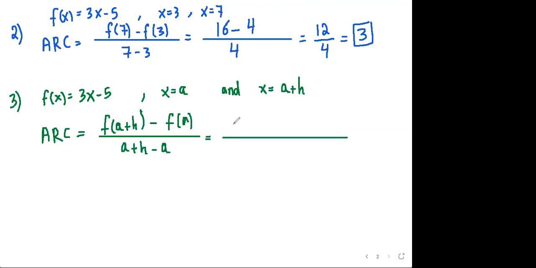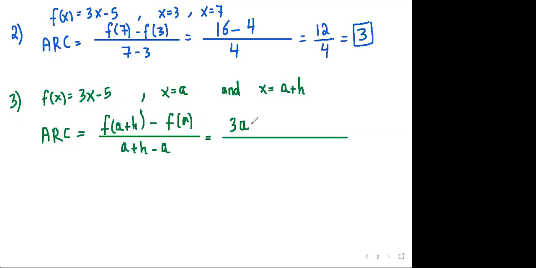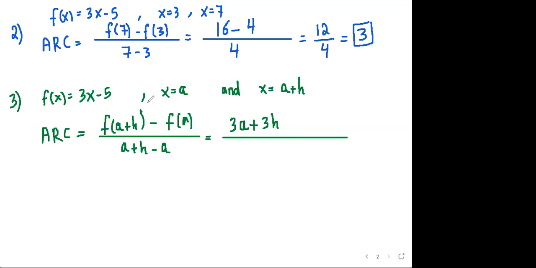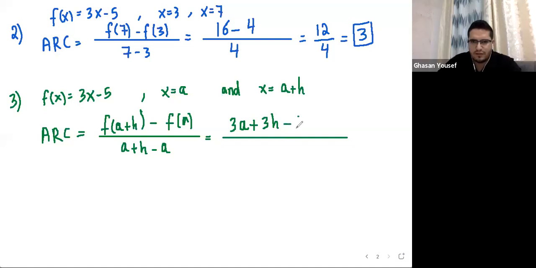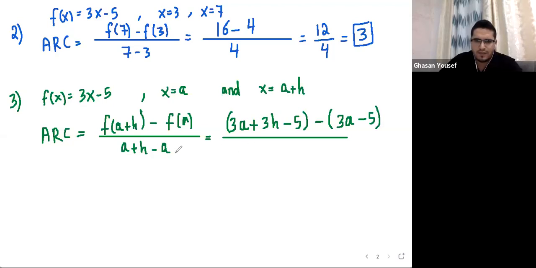It's 3a plus 3h, and then minus 5. And then minus 3a minus 5. Correct. Over what? a plus h minus a.